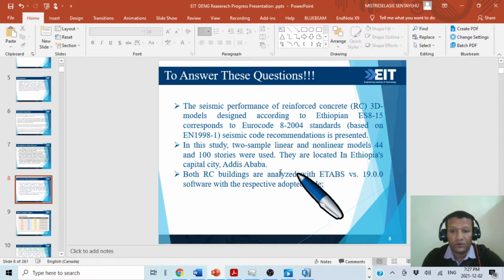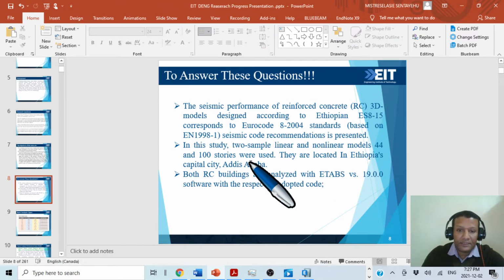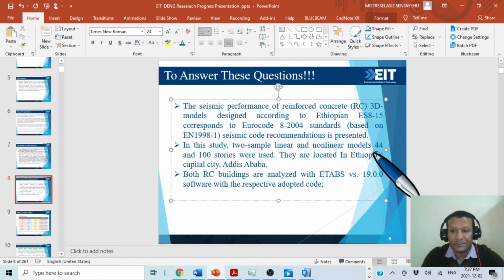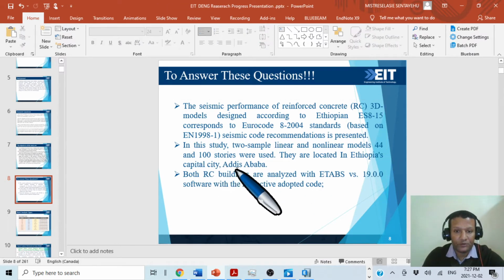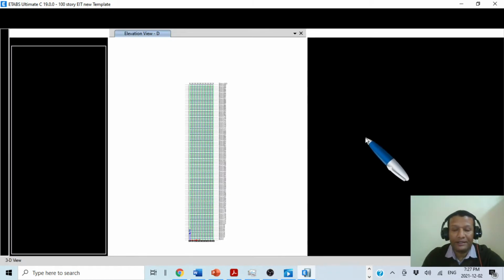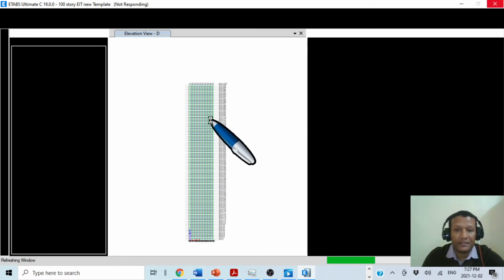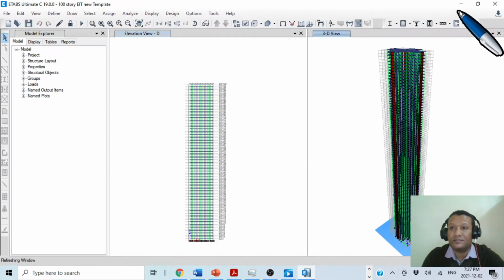So for all the seismic maps and everything, I'm going to assume these buildings are in Ethiopia. And as I showed you, this is linear modeling, and I have also nonlinear modeling for the response spectrum and nonlinear time history analysis. We shall see those also in the coming videos.